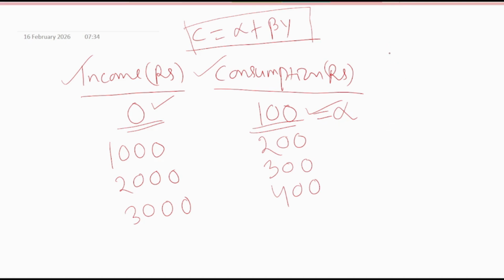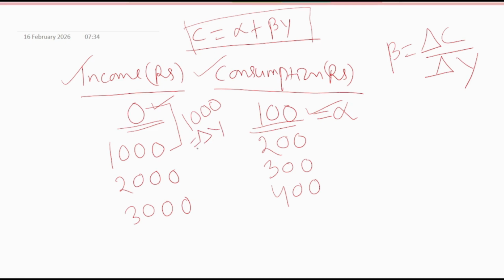Beta value, which is the marginal propensity to consume, that is change in the consumption due to change in the income. So here when income changes from 0 to 1000, that means income increased by 1000. So this is the delta y.